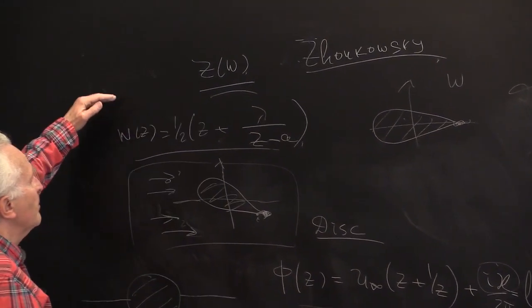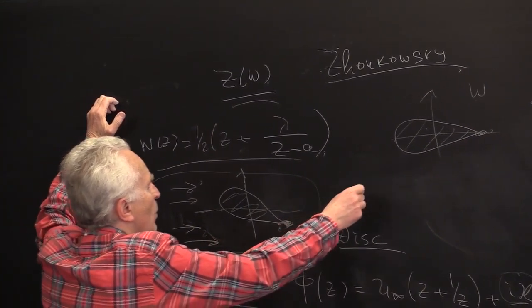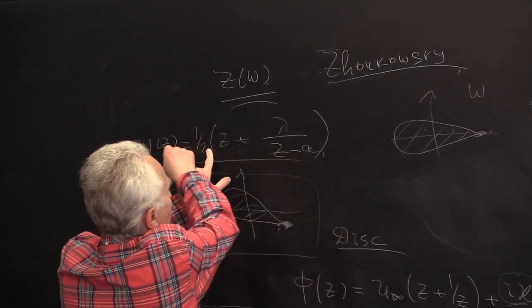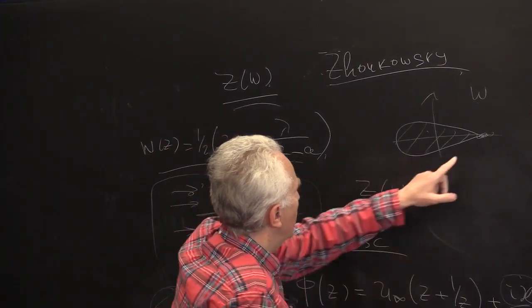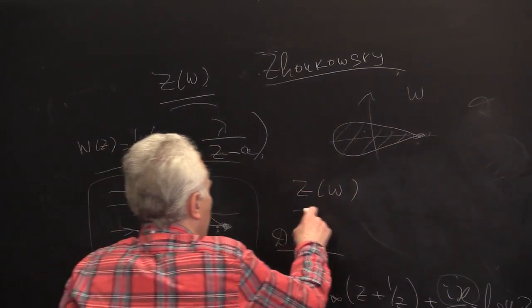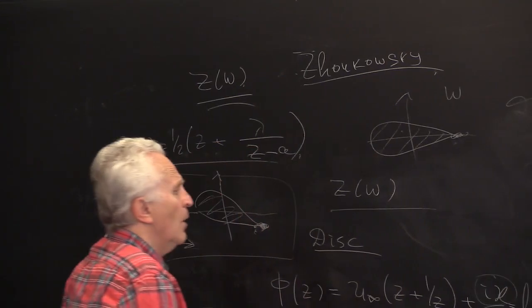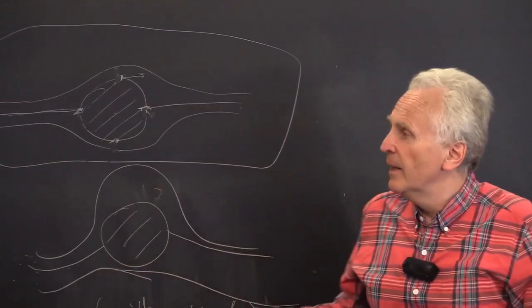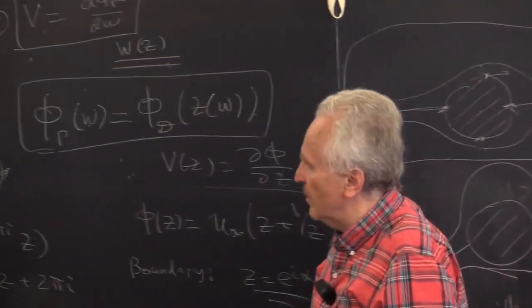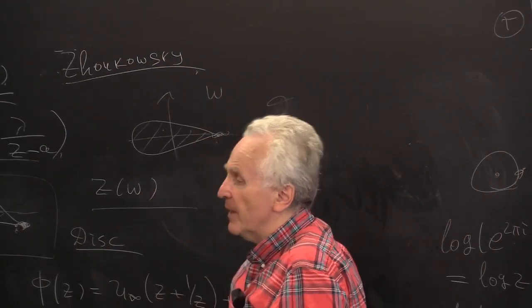You calculate, so for that you have to solve this quadratic equation and find z of w, and on the rear edge it has a singularity depending on kappa. For a particular value of kappa, I will not go into the algebra here, the singularity vanishes.